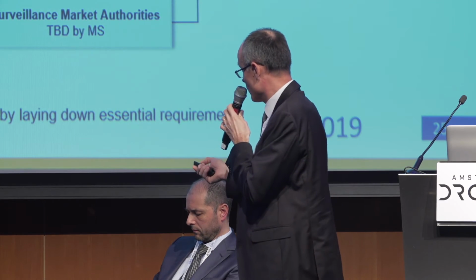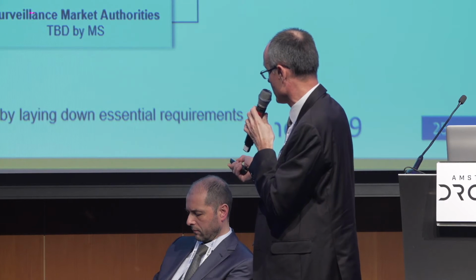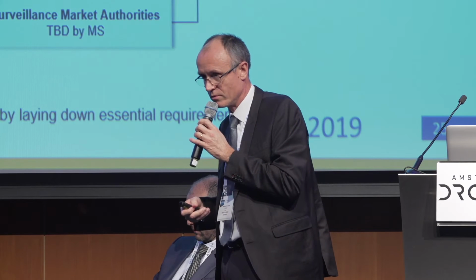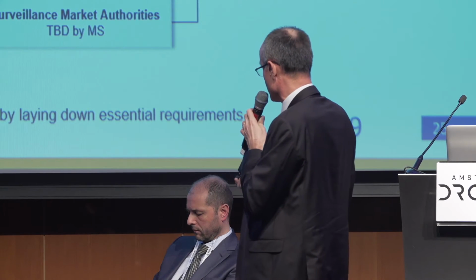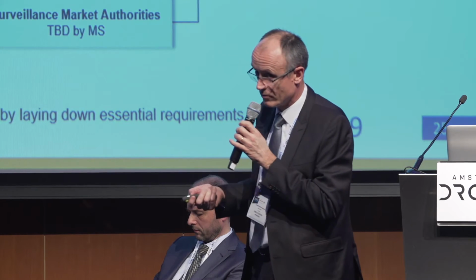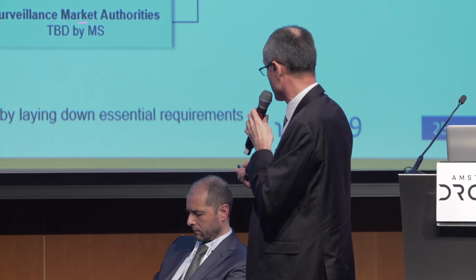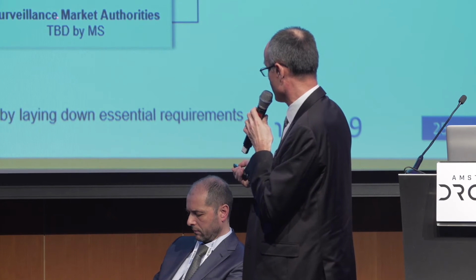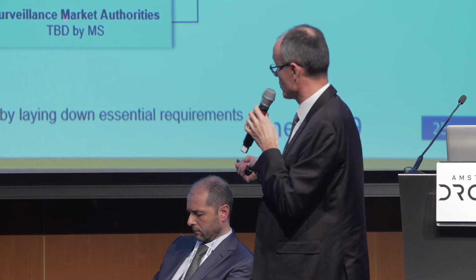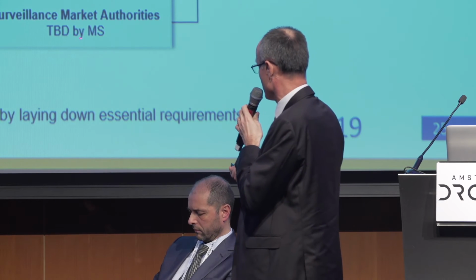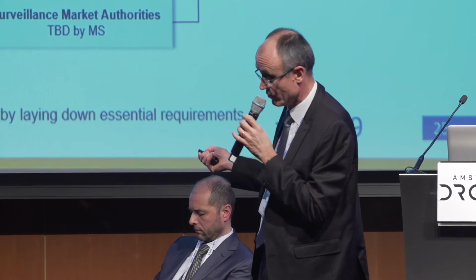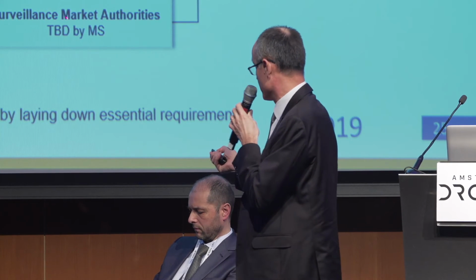If we look now at the side of market surveillance, of course, if you put your product with the CE mark on the market, it has to be controlled in some way. The control of this part will be done by the market surveillance authorities. I put "to be done" because it's not yet in place, but it will be the responsibility of the member state to organize this part.